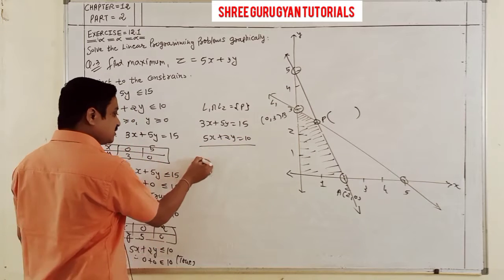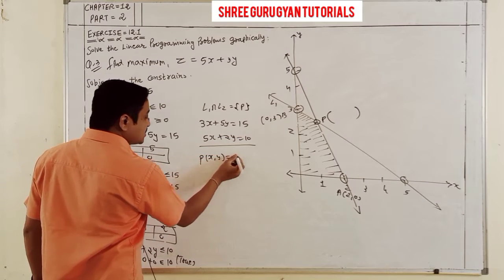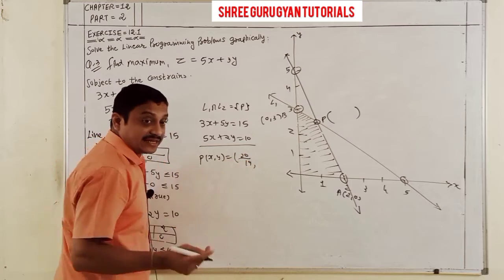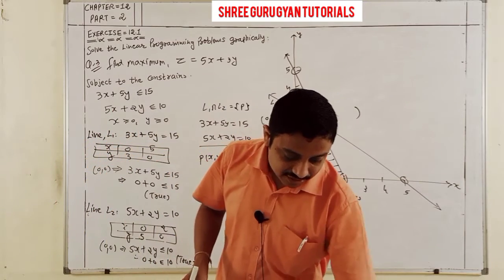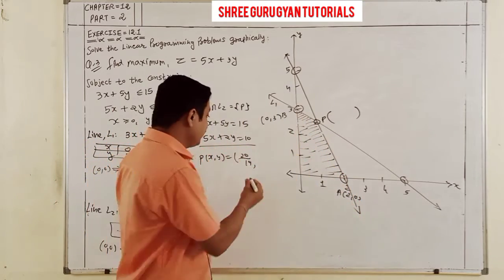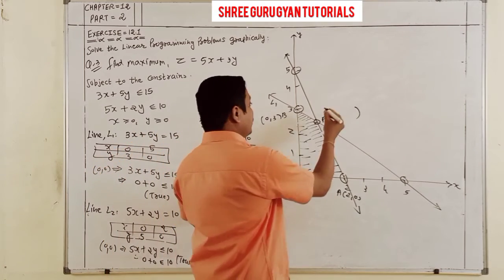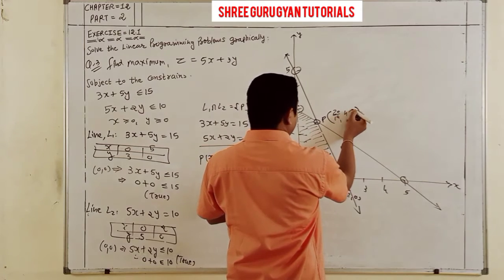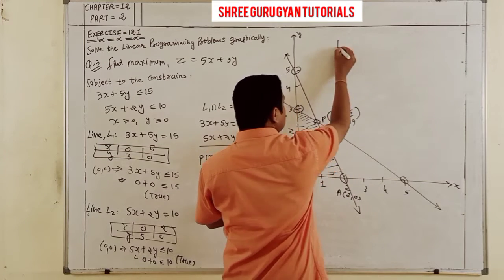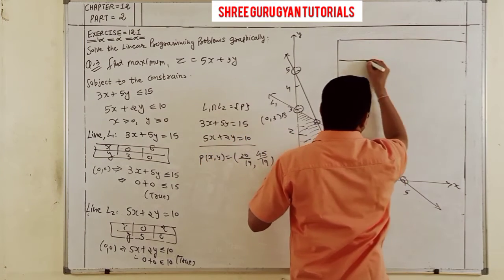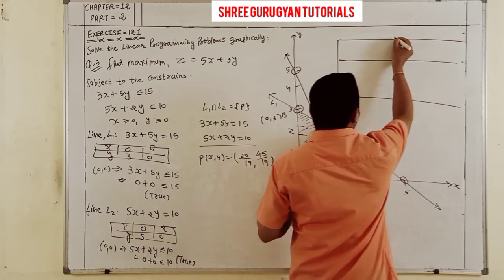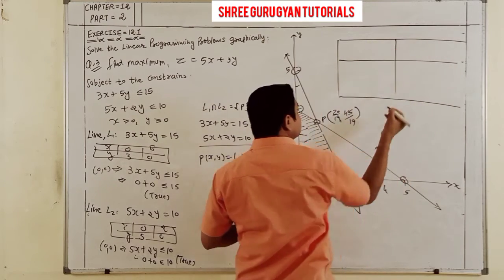Solve by elimination and you will get x and y, just like 20 by 19. Secondly, students, I already calculated here, that's why I write down 20 by 19 and 45 by 19. Put it here. Now go to the final table, corner points and the answers.